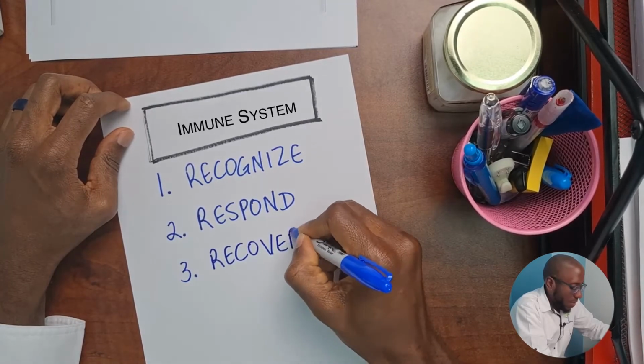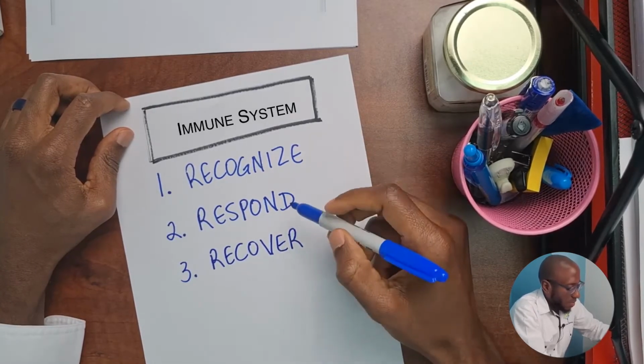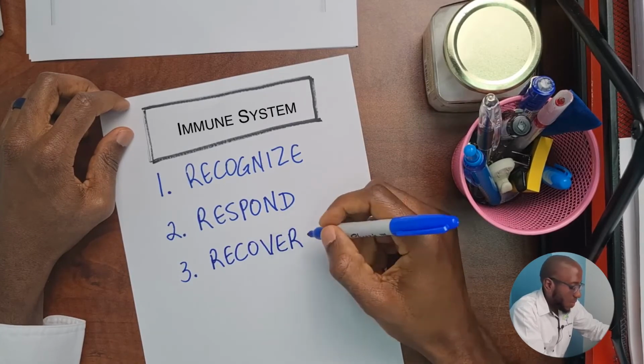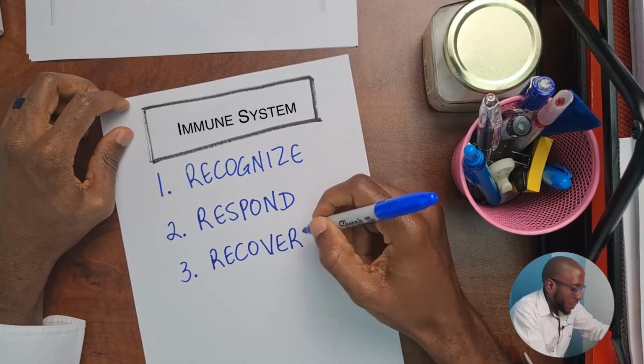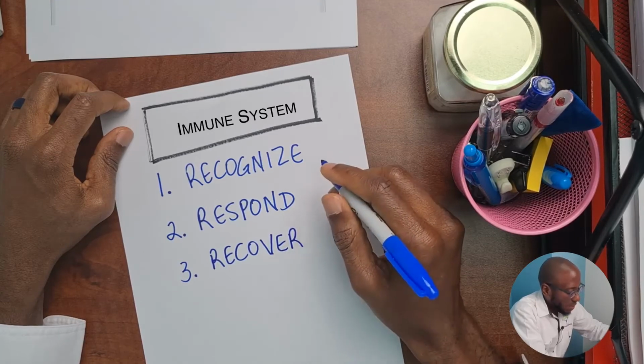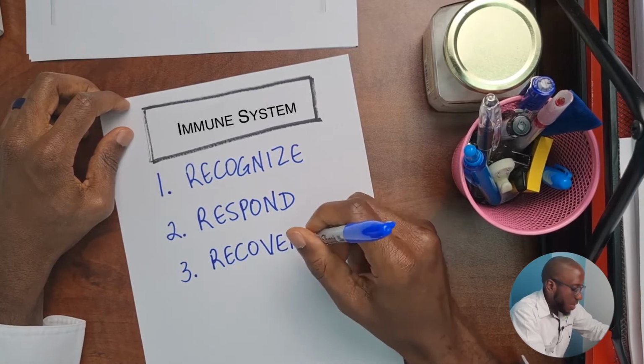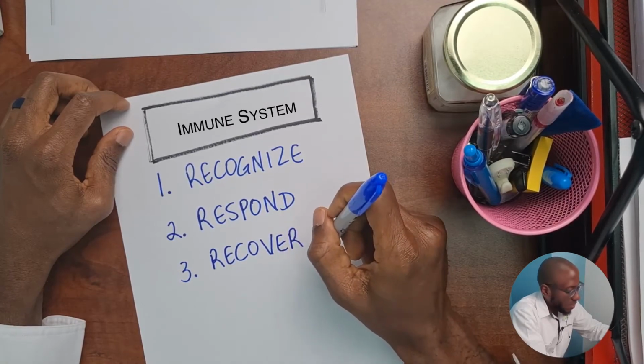So having appropriately recognized that there is a problem and responded appropriately, it now needs to clean up all of the damage from the various things that it has done to neutralize the threat or to heal the problem or to reduce the inflammation. It now becomes a problem if it's unable to recover from what it has done.